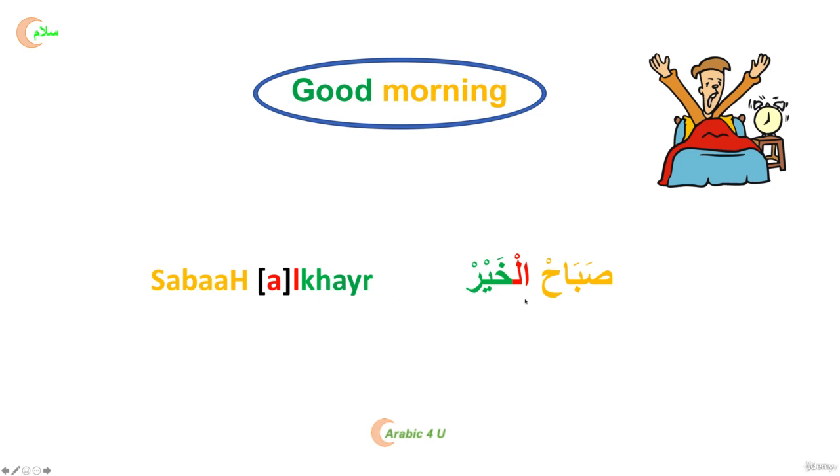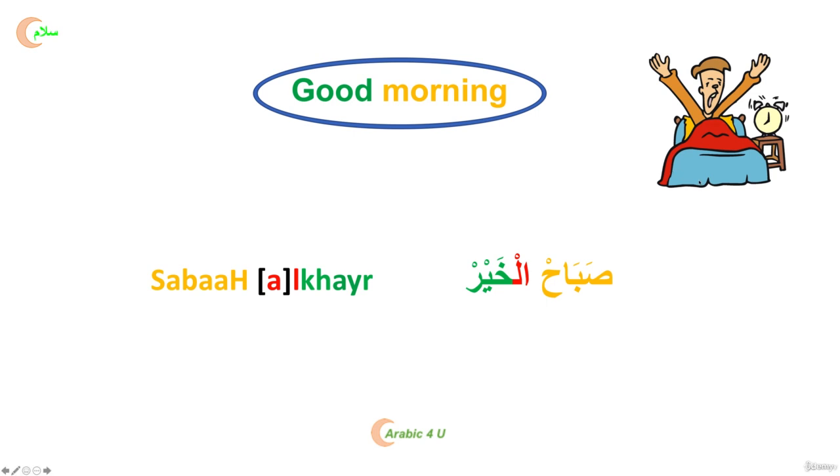So it's basically like saying morning, the goodness. And the meaning of it is morning of the goodness. So the of is understood. There is no word for it there, but it's understood that we're saying morning of the goodness.